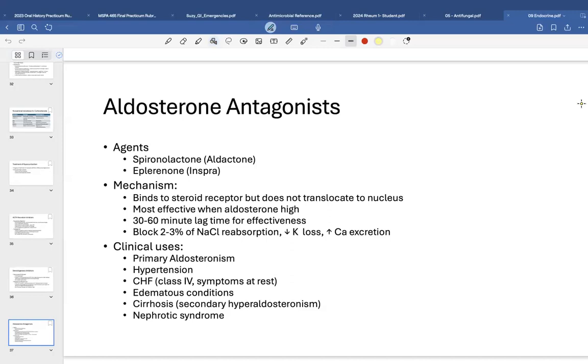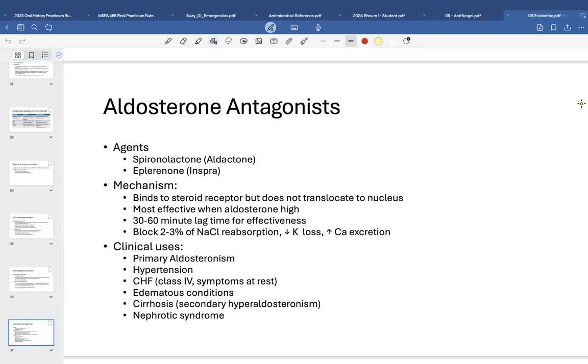It will bind to the receptor, but it does not translocate to the nucleus, that important second step for mineralocorticoid signaling. So in situations where you have high aldosterone, these drugs will prevent the salt reabsorption, leading to more fluid output, a mild diuretic effect, and less salt retention. That makes it a great option for congestive heart failure patients and those with primary aldosteronism.